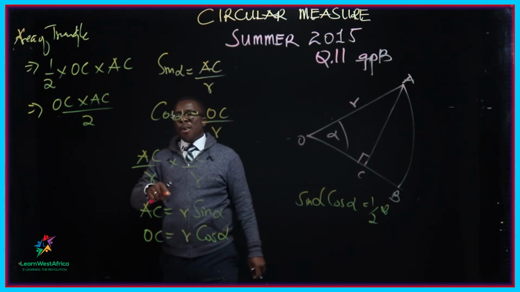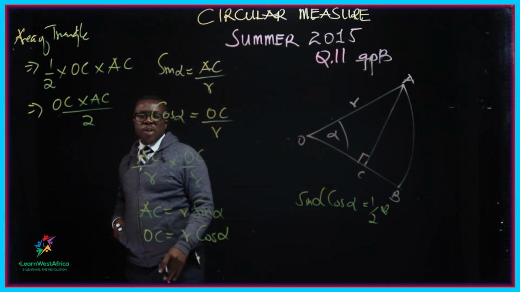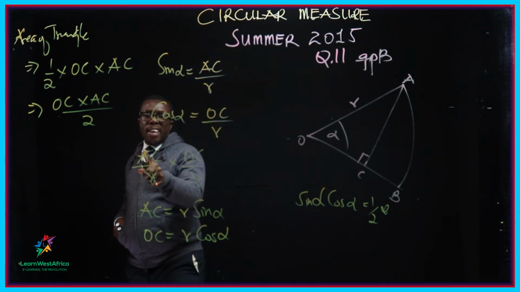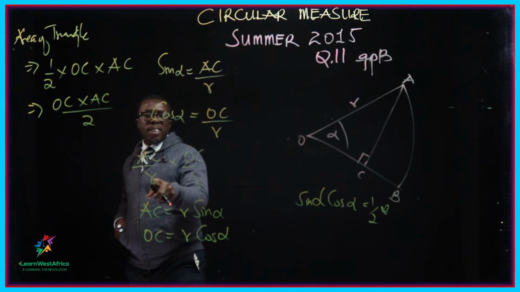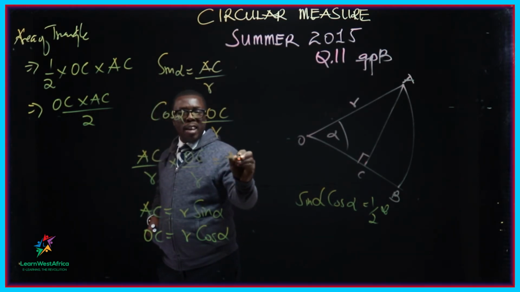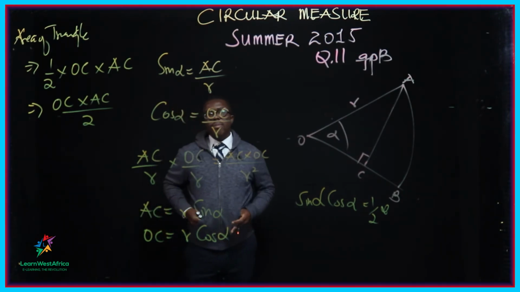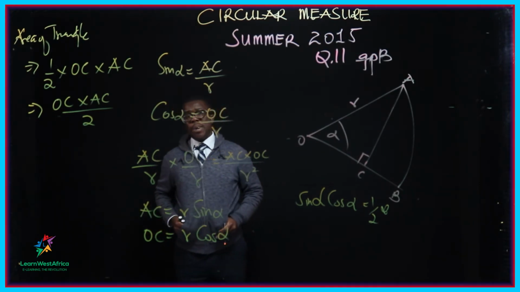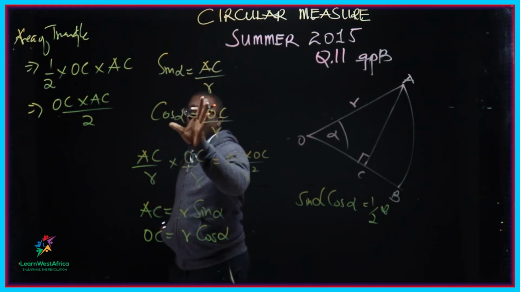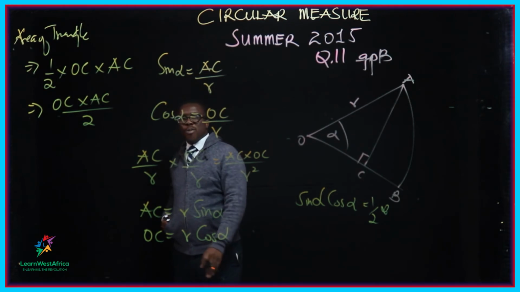Now watch what is happening here. From our earlier expression, AC times OC all over R squared is the product of sine alpha times cos alpha. The problem asks us to find that product.